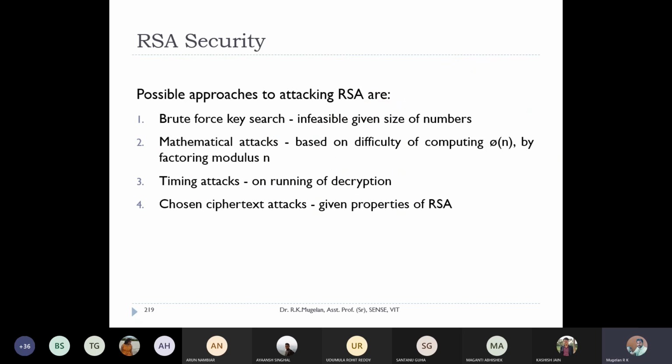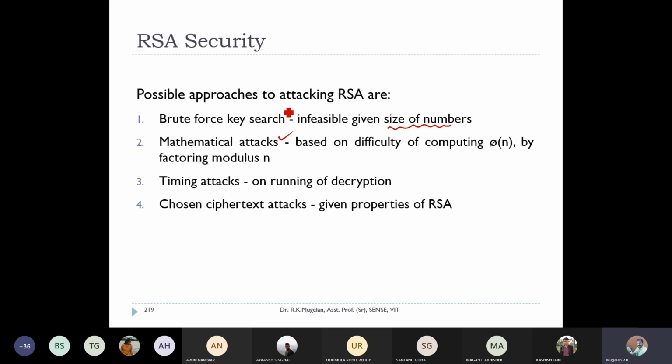Right. Now, if you see the security approaches, what are the different attacks RSA can undergo? It can undergo a brute force attack, that is the trial and error method, if you're using very small numbers for n, P, Q, or e. Then mathematical attacks: most of the attacks will occur based on the size of your P and Q values, so we have to make it more computationally difficult to mitigate these mathematical attacks.